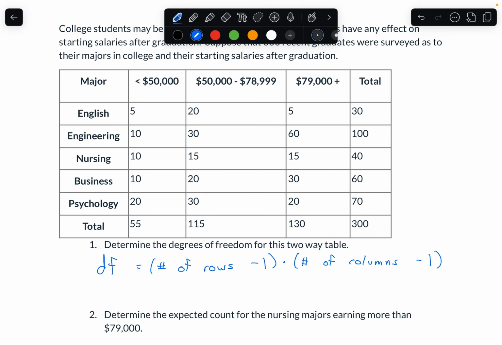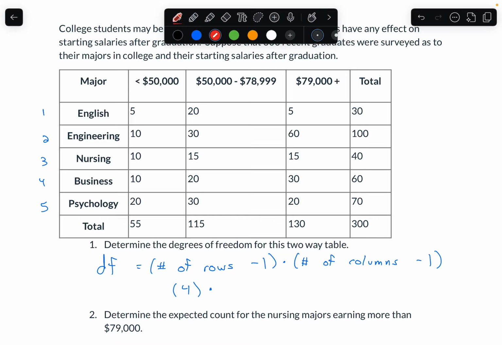So I need the number of rows and columns. Rows, remember, go horizontally. They're kind of stacked. So in this case, I've got 1, 2, 3, 4, 5 rows. So my degrees of freedom would be 5 minus 1, or 4, times the number of columns.